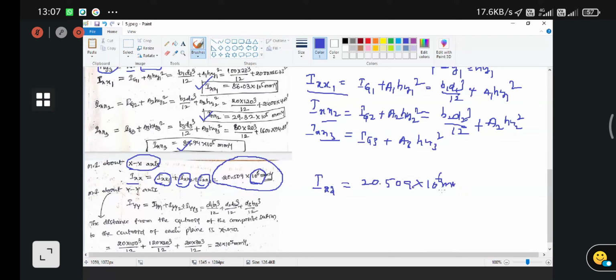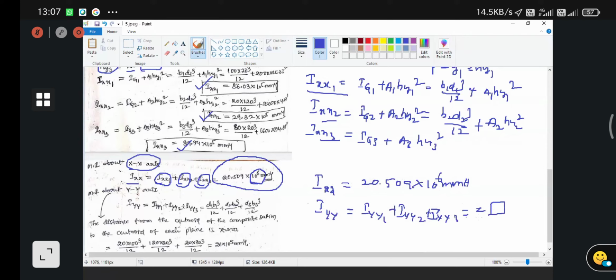So similarly, Iyy is equal to Iyy1 plus Iyy2 plus Iyy3, which is equal to how much? You will get something.